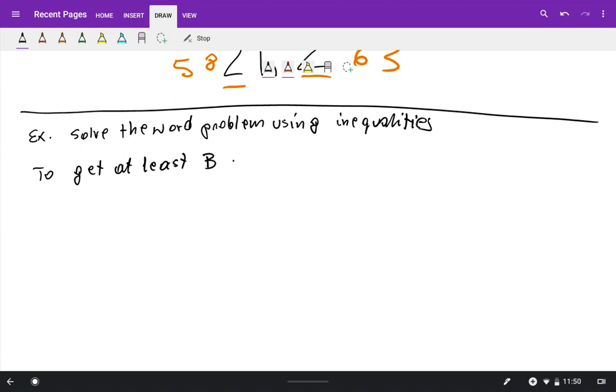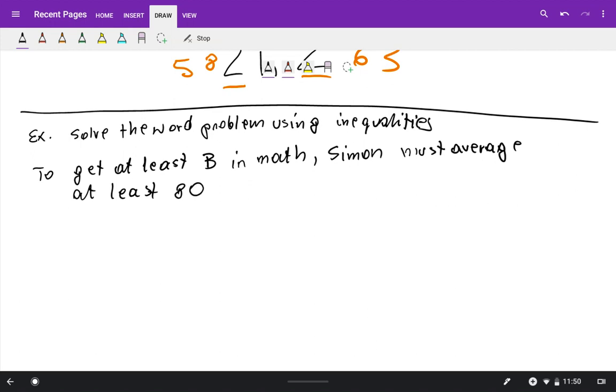In math, Simon must average at least 80 on all tests.